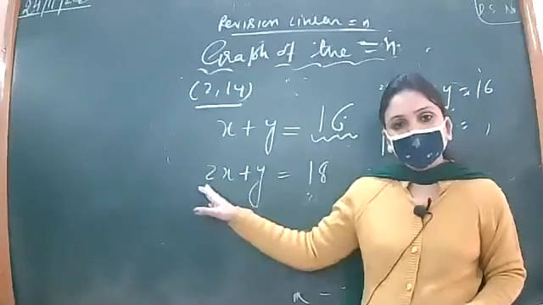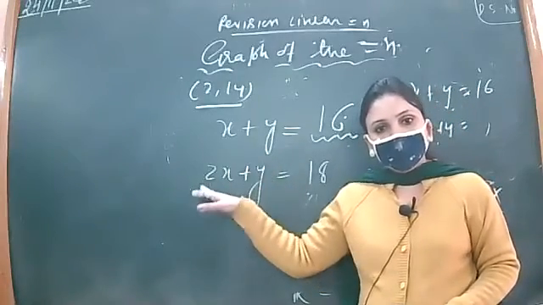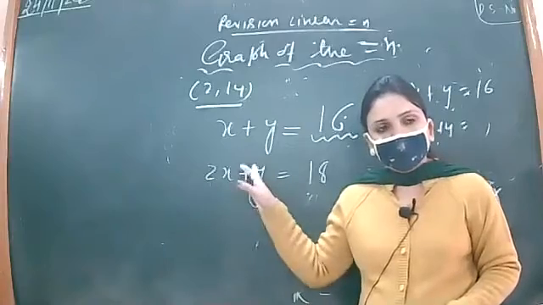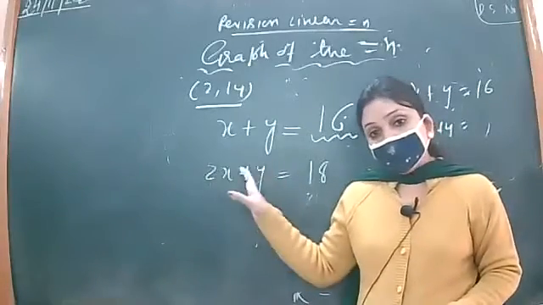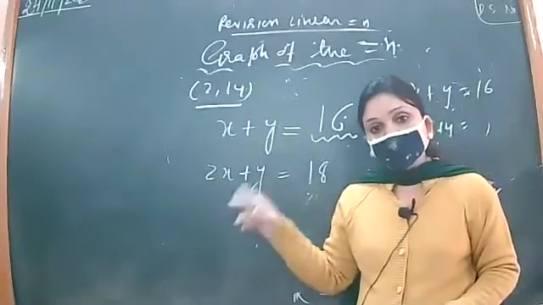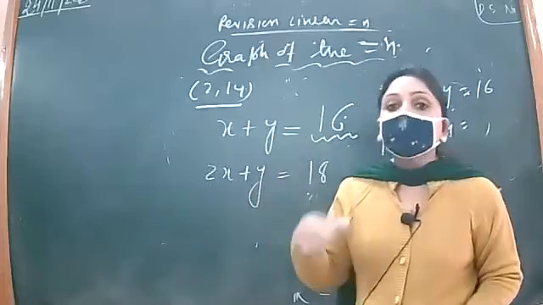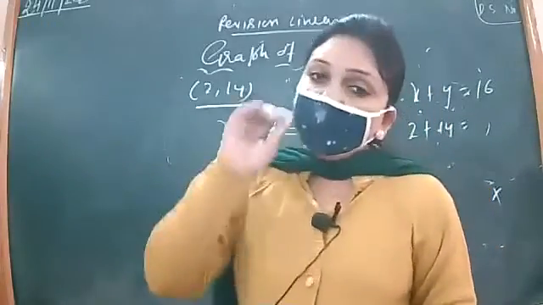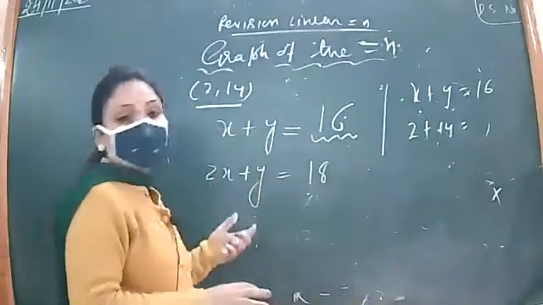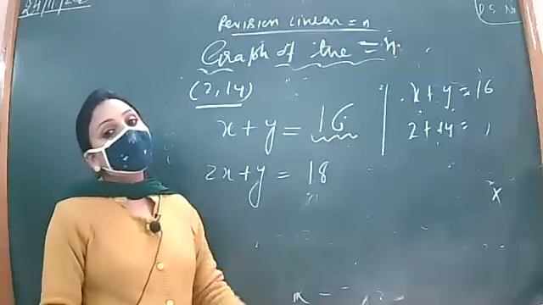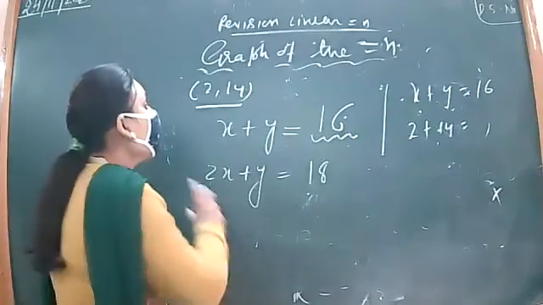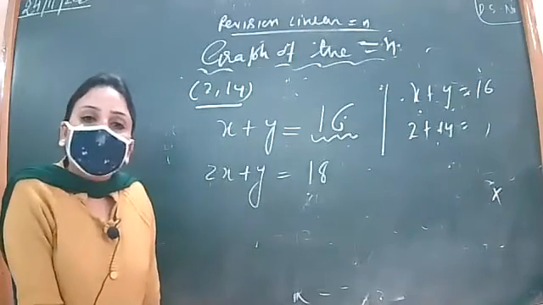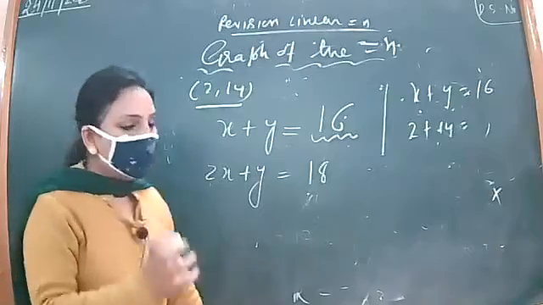We can have any equation like this because these are real numbers. Someone is writing here 3, another is writing here 3. Here 2, here 1 by 2, 3, 1 by 4. The coefficients of x and y that we can take are real numbers. They are infinite in number. So we can have infinitely many such lines through which (2, 14) is passing. So you will write it in brief.